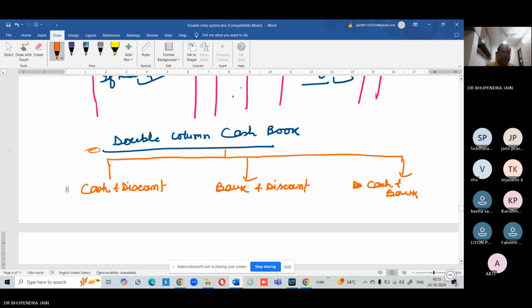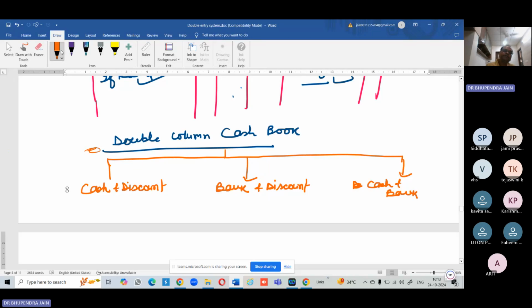Number first, first column is cash, second column is discount. Number second, first column is bank, second column is discount. Number third, first column is cash and second column is bank.